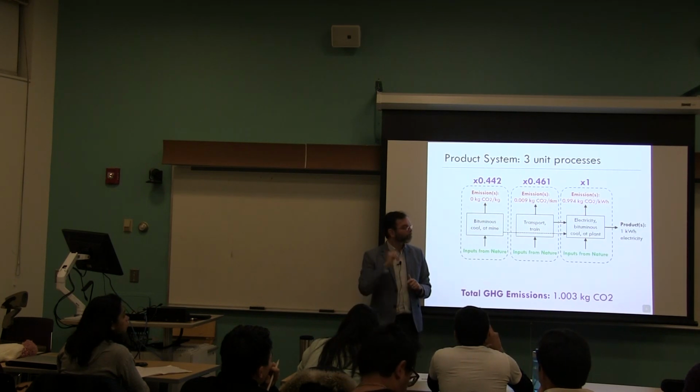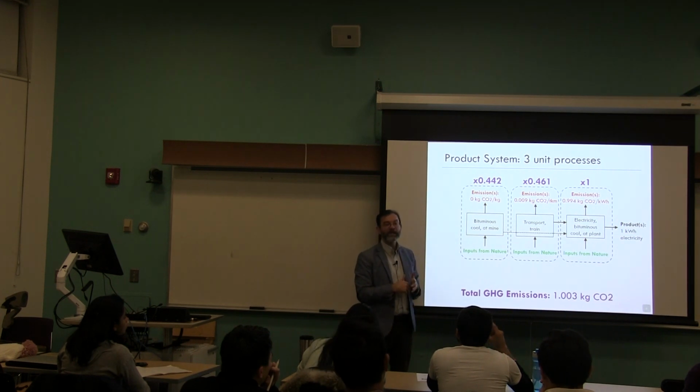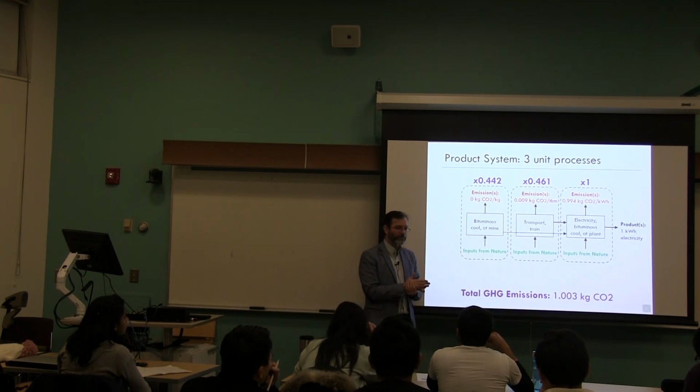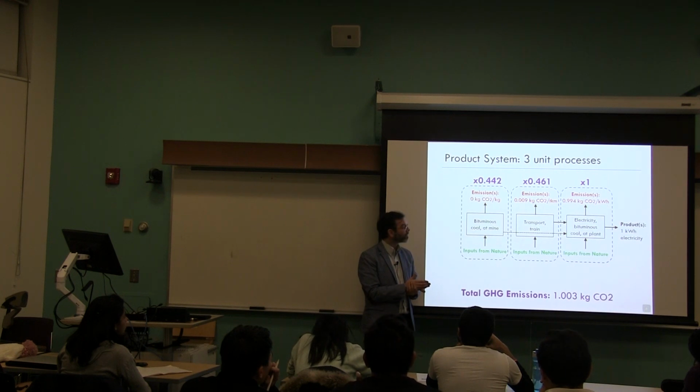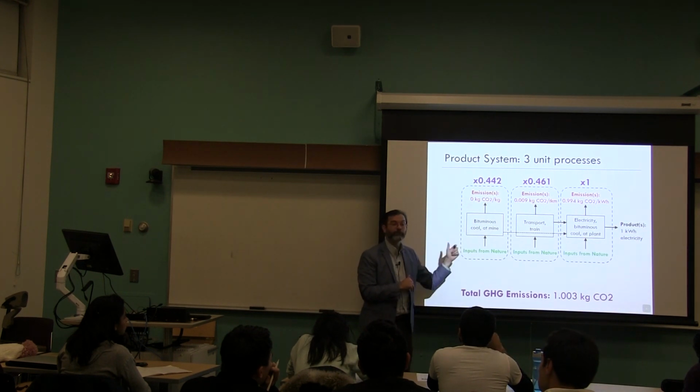And the 0.461 value? This is the amount of transport that's required to bring this quantity, 0.44 kilograms of coal, to this power plant from the coal mine. But it could be different for different power plants, so is that averaged?